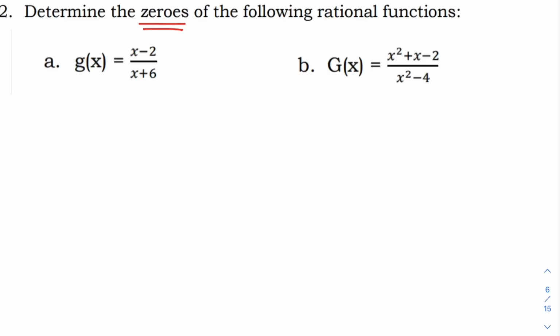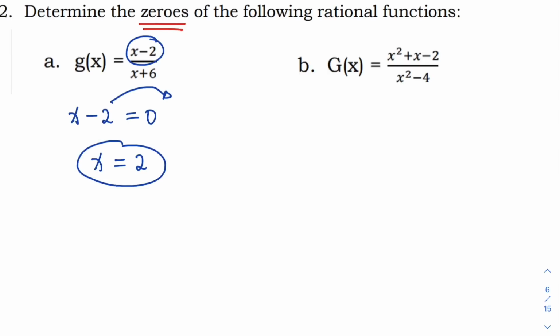So, dito guys, para makuha natin yung zeros ng ating rational function, i-equate lang natin si numerator to 0. Okay? So, pag na-equate na natin si numerator to 0, solve for x. So, pwede nating ilipat si negative 2 sa right side ng ating equation. So, that is x equals positive 2. Okay? So, therefore, ito na yung 0 ng ating g of x.